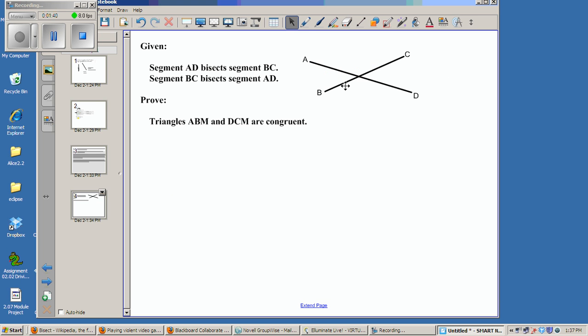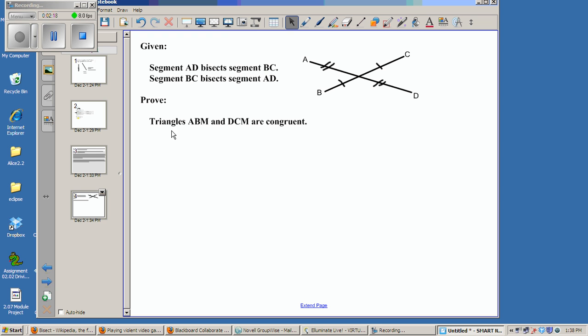That tells me if AD bisects BC, then, despite my not such a great picture, this length is exactly the same as this length. Okay. Then the other thing that's given is that segment BC bisects segment AD, which tells me this length is the same exact length as this length. So I have two equal lengths.